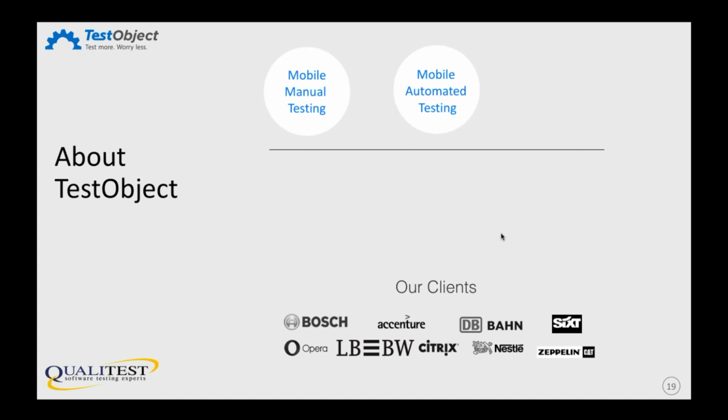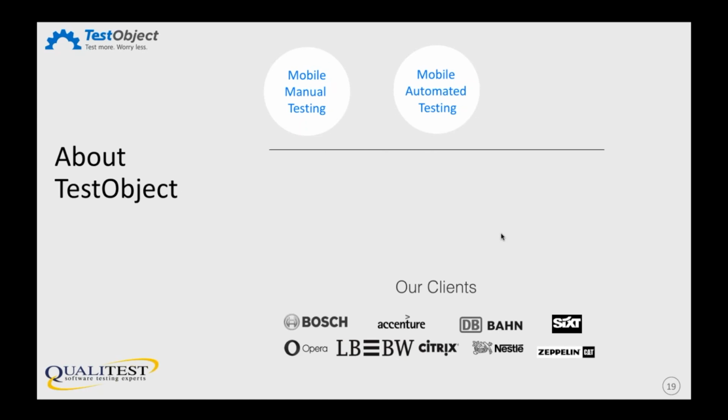That means smartphones and tablets, both Android and iOS. What we offer is a manual testing solution for our mobile devices. This means that you can just log onto our platform, and through our web app, you are able to remote control phones and tablets from both platforms.